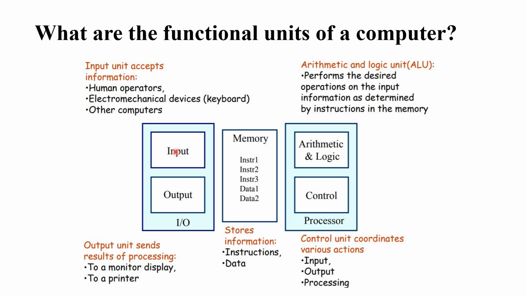The input unit lets users enter data into the computer using devices like keyboards and mice. Output unit. The output unit displays processed information to users through monitors and printers. Storage unit. The storage unit keeps data for the long term using devices like hard drives and USB devices.